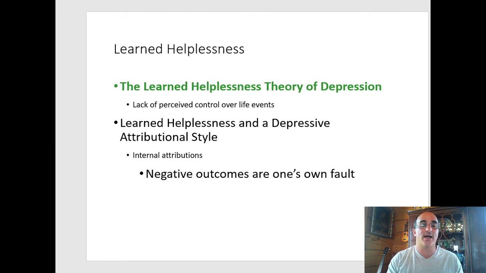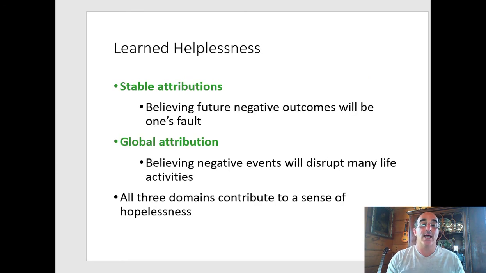We think about ourselves, and our negative outcomes are essentially becoming our own fault in our own mind. We believe negative outcomes will be stable, and then globally we believe negative effects will disrupt many life events and activities, and all three domains contribute to a sense of hopelessness.